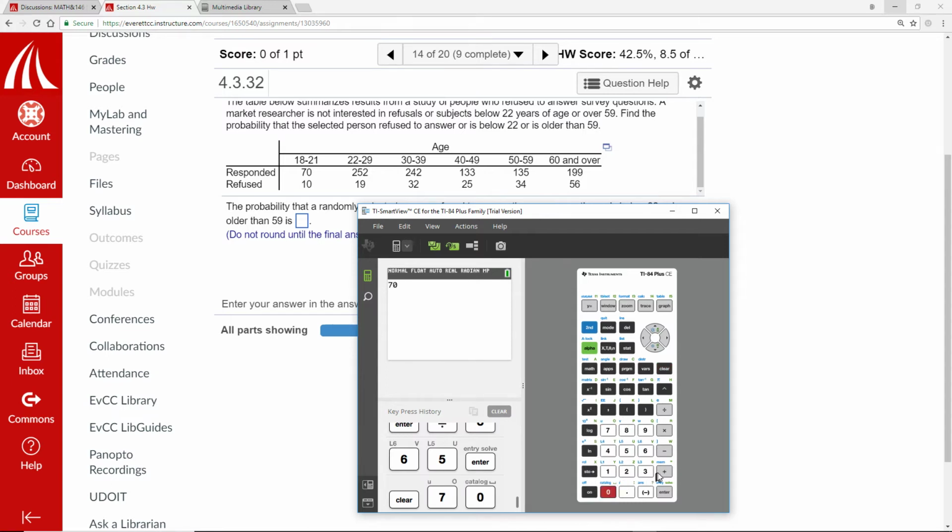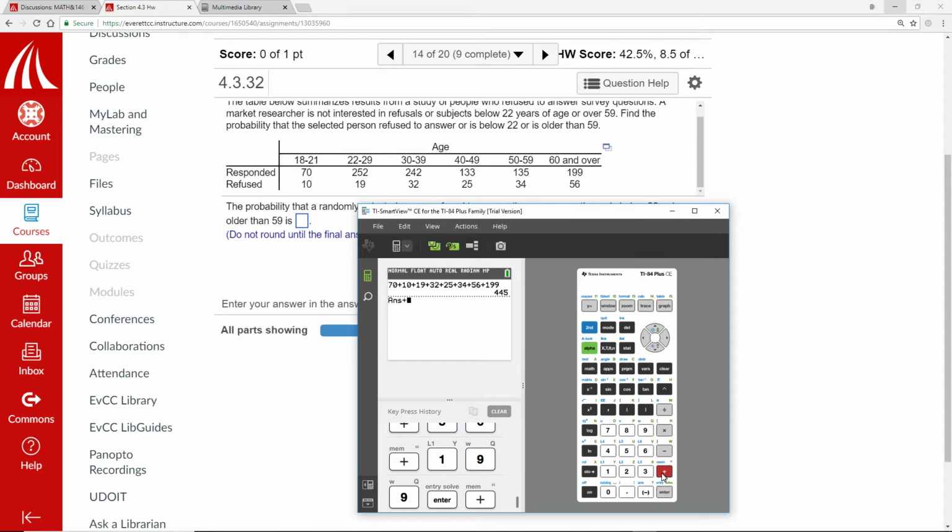70 plus 10 plus 19 plus 32 plus 25 plus 34 plus 56 plus 199. Let's double check that. 70, 10, 19, 32, 25, 34, 56, 199. And then over the total amount.